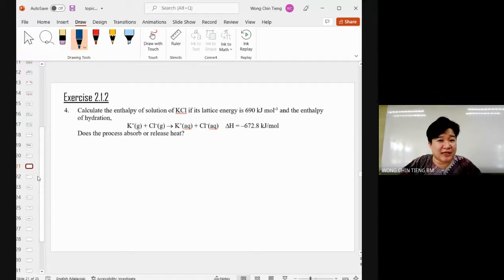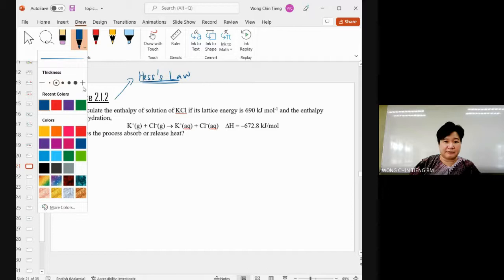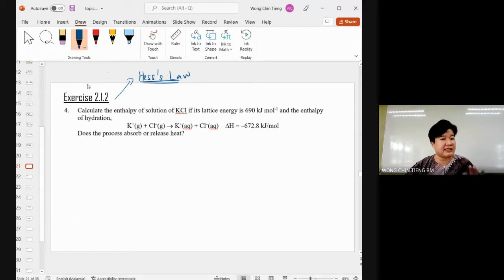What I really want to show is actually questions 4 and 5, and in questions 4 and 5, we will go into a bit about Hess's law. Partially about Hess's law. So what I teach in questions 4 and 5, make sure you listen very, very carefully because I will meet you again on Wednesday for Hess's law. Make sure you learn this very carefully. I want to slot it in here before calorimeter because the question uses many of the equations we learned. Why do I slot in this question? Why don't I discuss this under Hess's law? Very simple: I want you to remember the importance of the equation.